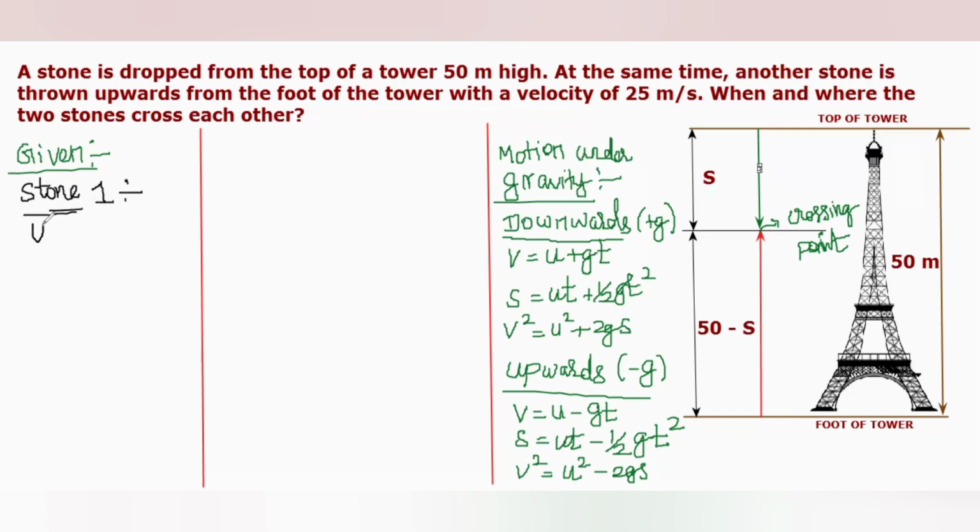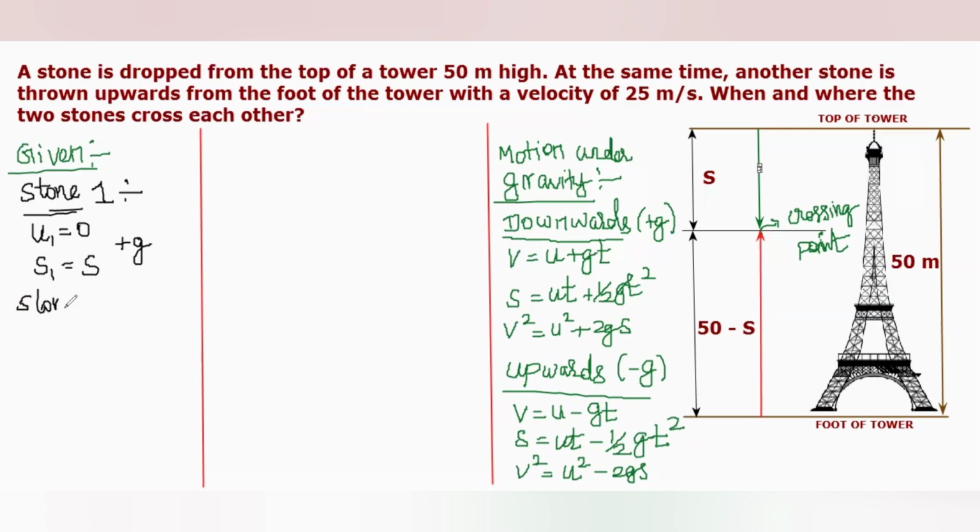It has initial velocity u1 equal to 0 because it is freely dropped from the top of the tower. Acceleration is plus g. The distance s1, I'm going to take as s. The equation we have already written here, so no issues.